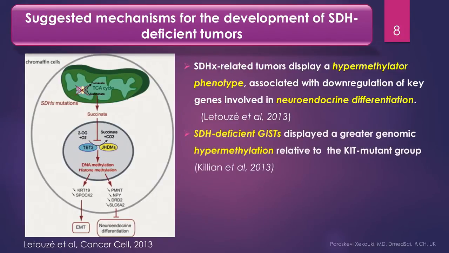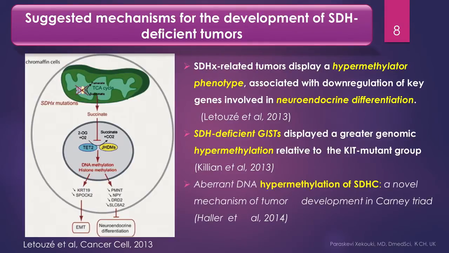It has also been shown that SDH-deficient GISTs show greater genomic hypermethylation compared to the KIT mutant group, and more recently, aberrant DNA hypermethylation of SDHC has been suggested as another mechanism of tumor development in Carney triad, for which, as you know, the gene is yet to be identified.